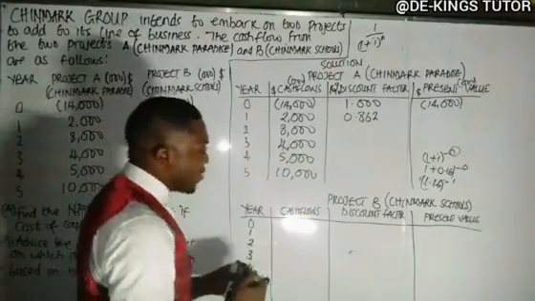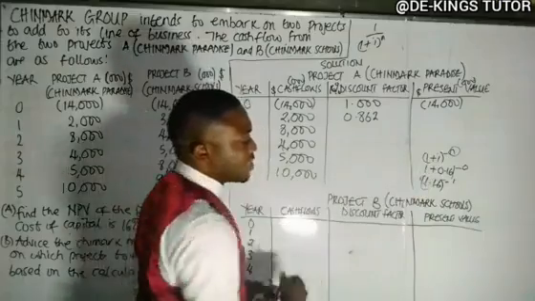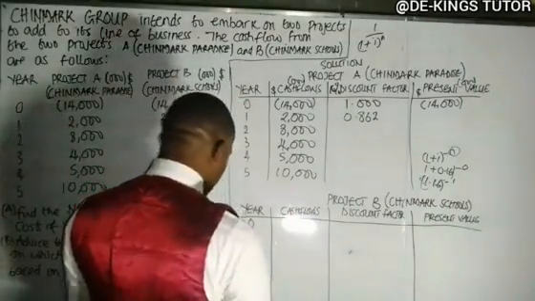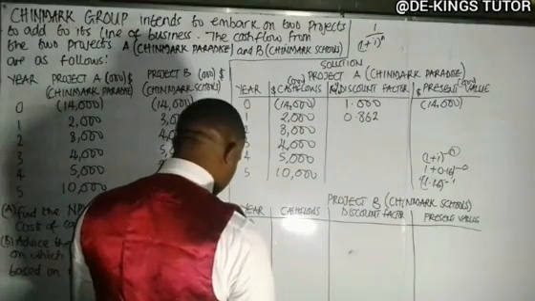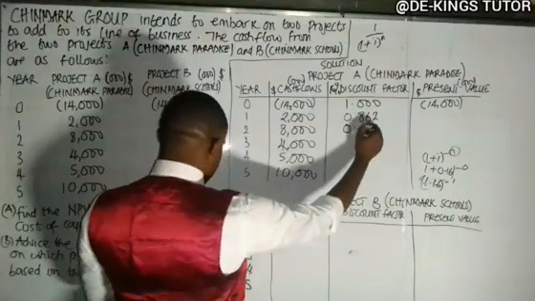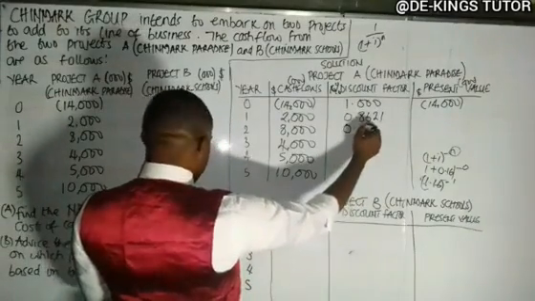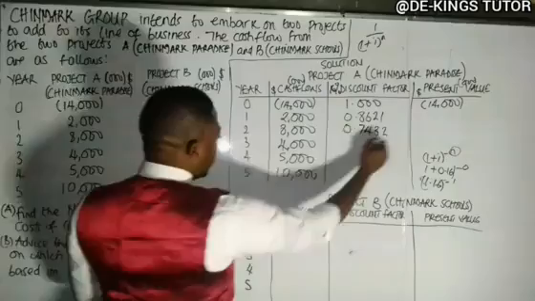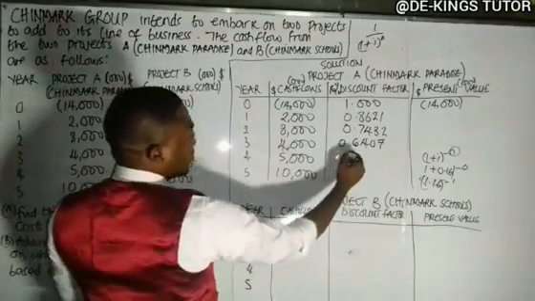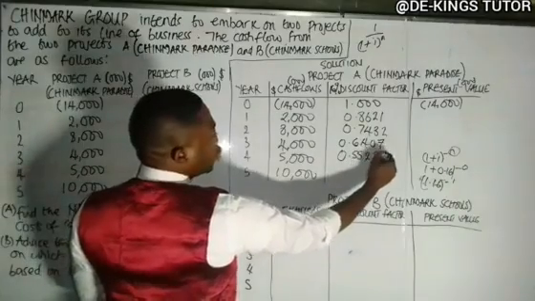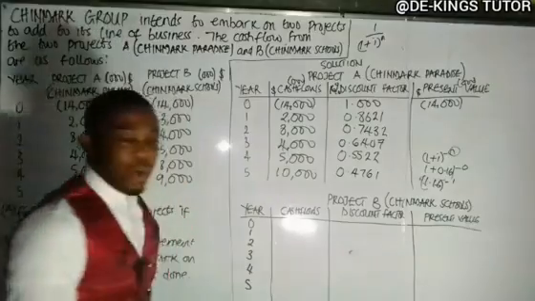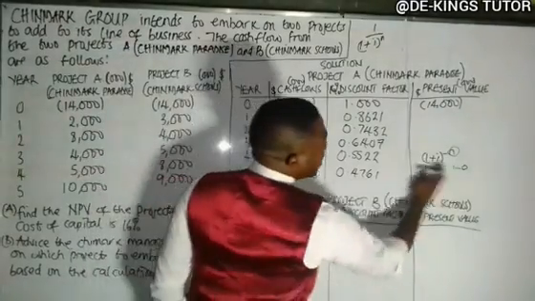The same way we punch 1.16 raised to power minus 2, like that. Okay, so we will continue like that. We'll have values like 0.743, 0.6407, 0.5522, and 0.4761. Okay, so how do we get this part now?